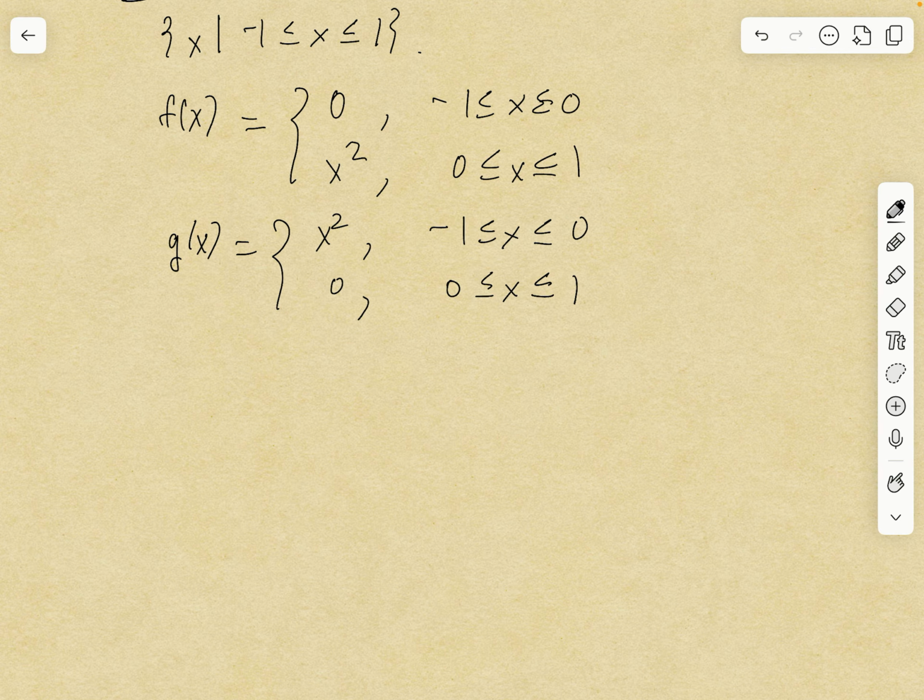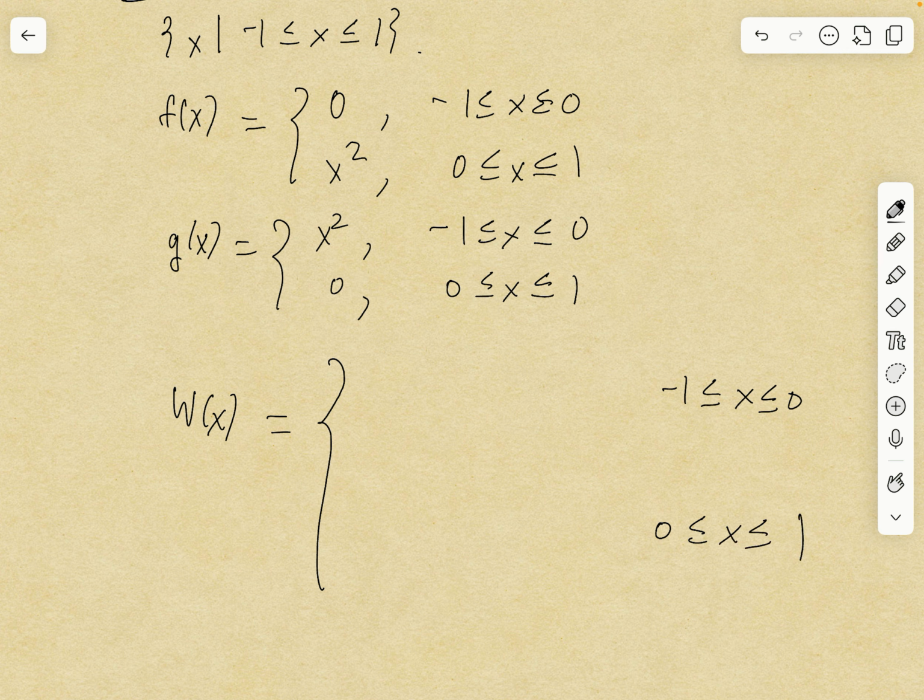But when you take the Wronskian, it is more complicated because the matrix you get depends on whether x is between -1 and 0, or between 0 and 1. If x is between -1 and 0, then your f is 0 and your g is x squared, and the derivatives are 0 and 2x, so the determinant is 0.